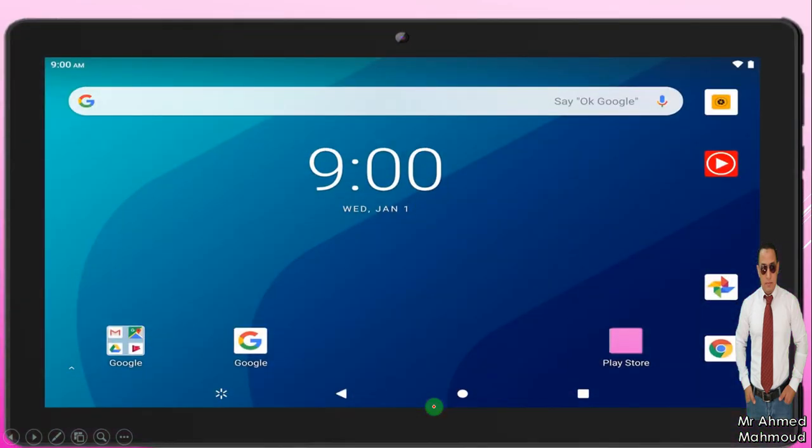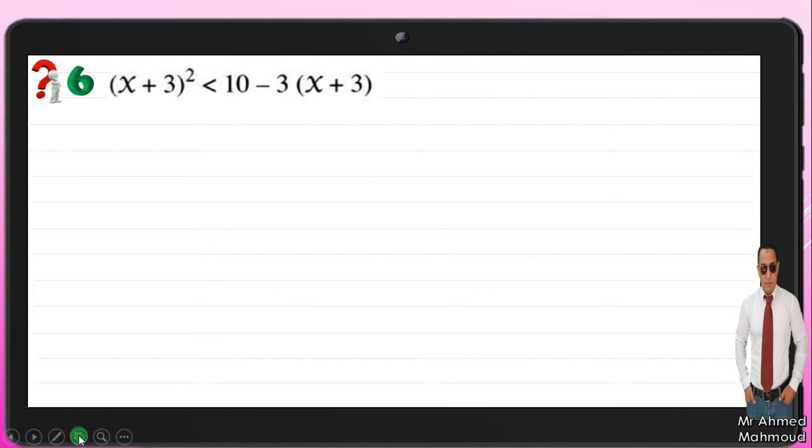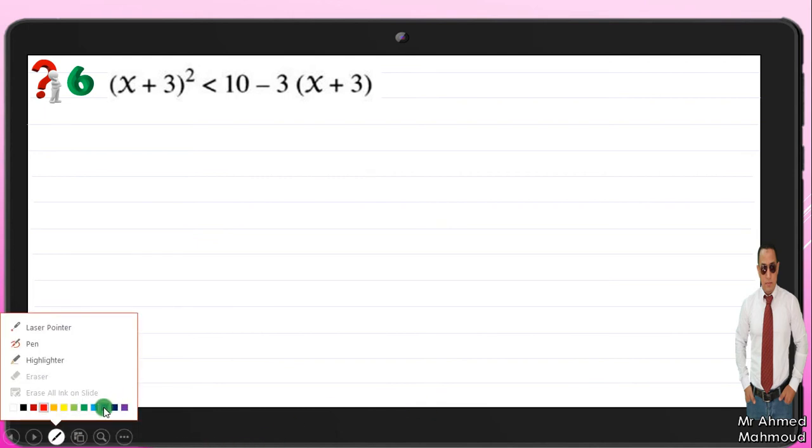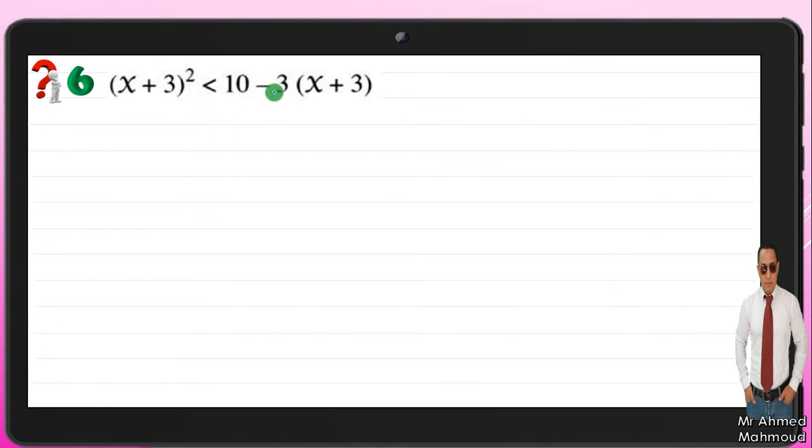Now we have the last example, number 6. Number 6, x plus 3 all power of 2 less than 10 minus 3 open bracket x plus 3.